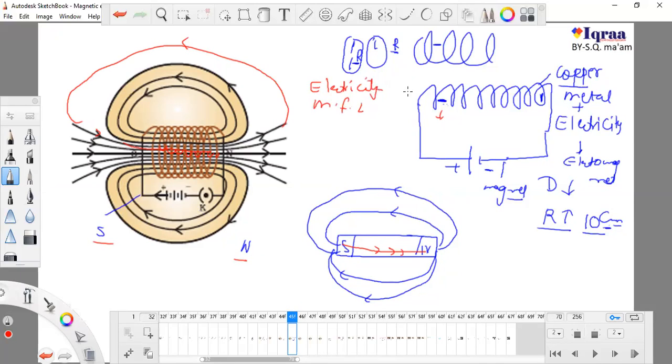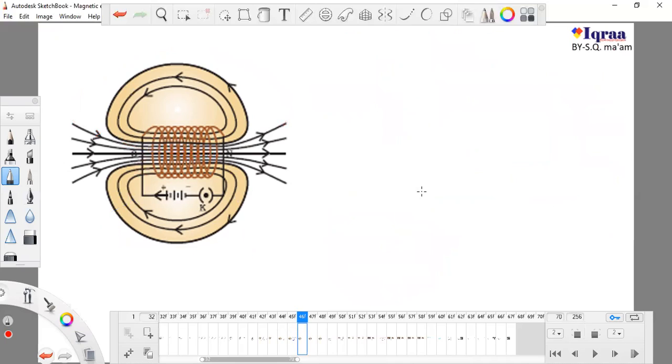Both of them will flow from south to north inside, and the magnetic field lines will flow north to south outside. So there are some magnetic field lines developed as in a magnet.